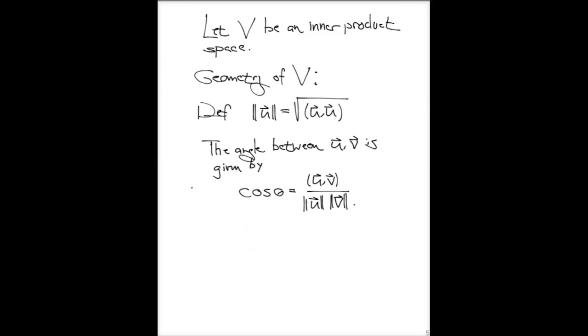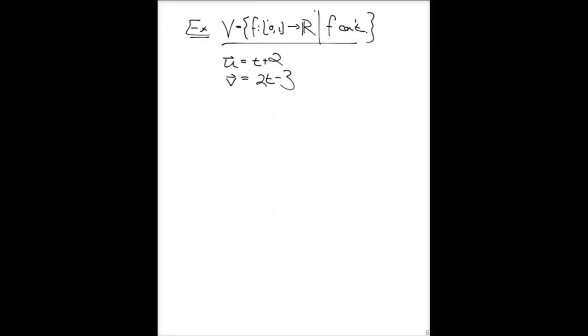We'll just do one brief example to conclude. Let's continue the example we saw above with V, the vector space of continuous real-valued functions, and we took two polynomials, t plus 2 and 2t minus 3. We found the magnitude of U and the magnitude of V, and we found the inner product as well, but now we can find the angle between these two functions.